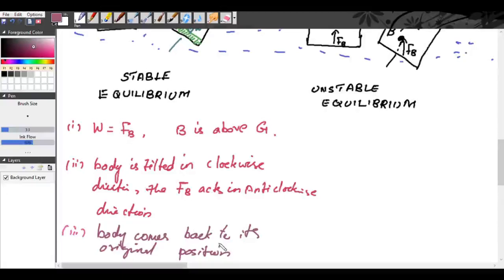So here in the second case, for the unstable equilibrium, the first condition is the weight of the body will be equal to the force of buoyancy, and this gravity, that is G, is above B. That is, center of gravity is above the center of buoyancy.